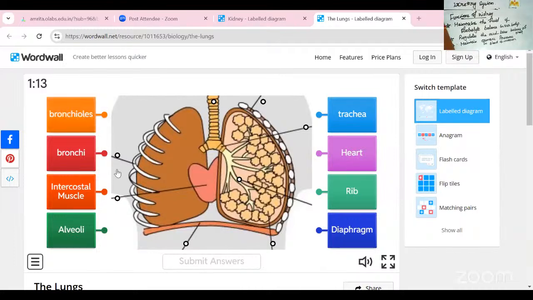Which is the right part for bronchioles? Where is it present? I'm giving only 1 minute. Anybody interested to tell the correct answer? Where are the bronchioles?